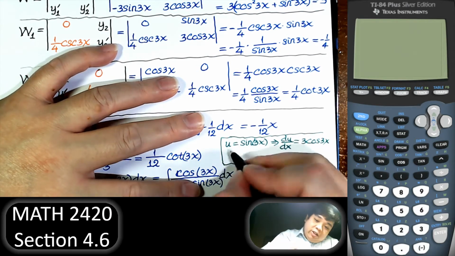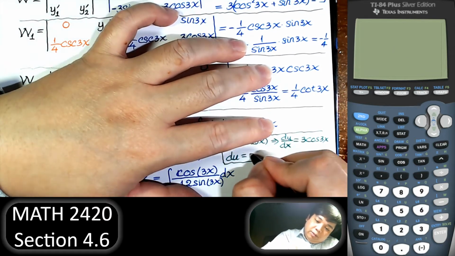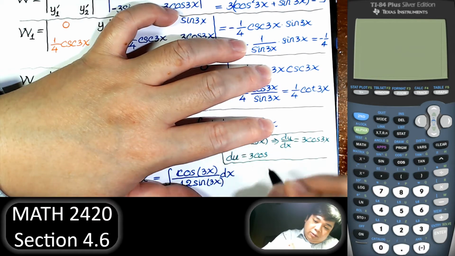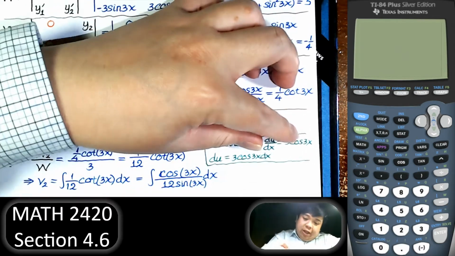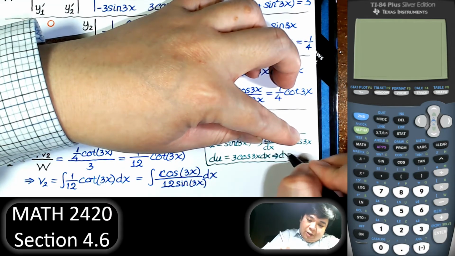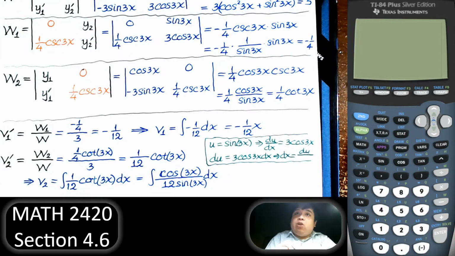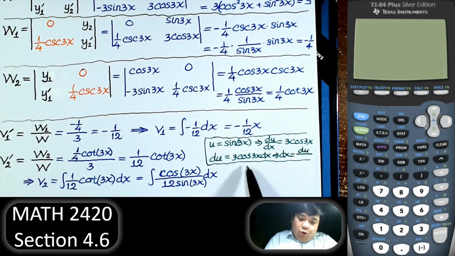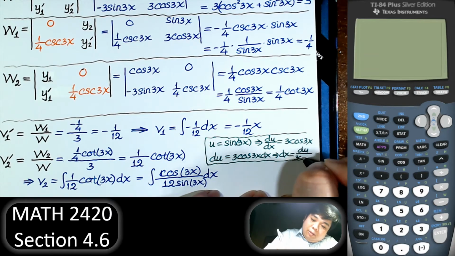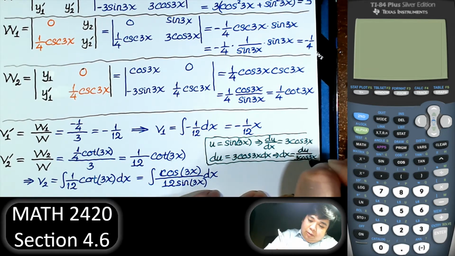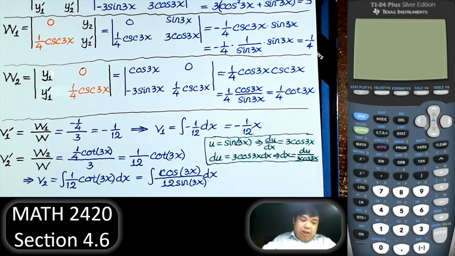Swing the dx over. And if you solve for dx, it will be du, sorry, kind of small, but if you solve for dx, divide 3 cosine 3x on the other side. Right.